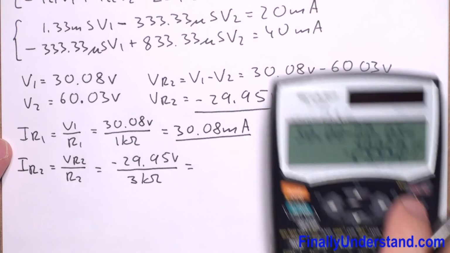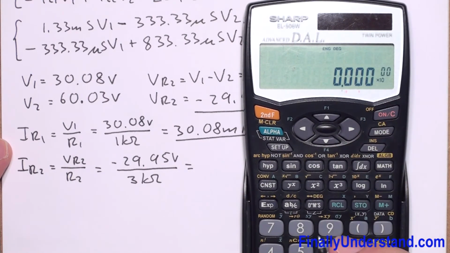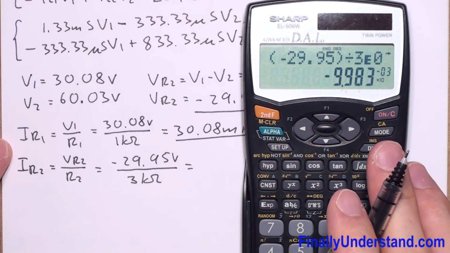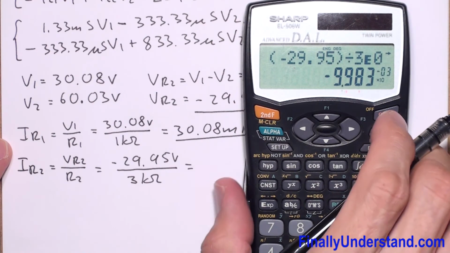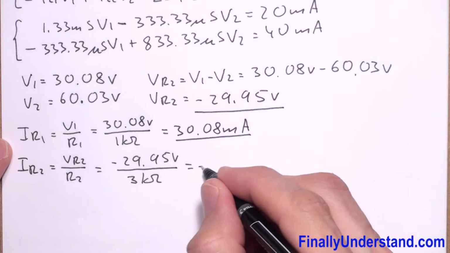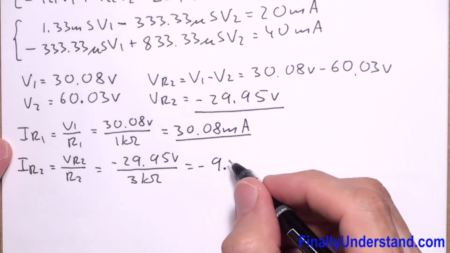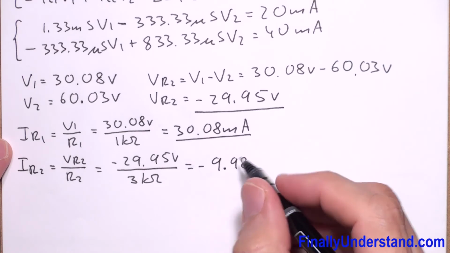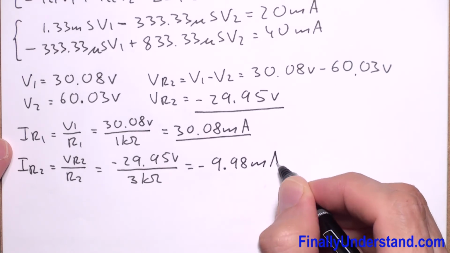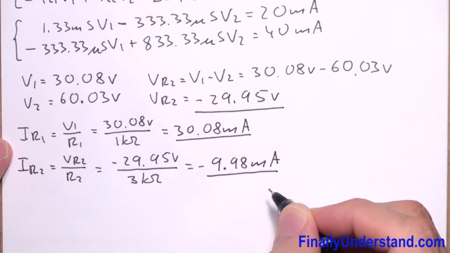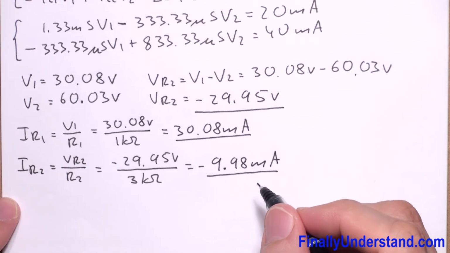This is equal negative 29.95 divided by 3 exponent 3 is equal negative 9.98 milliamps. So this is my current IR2.